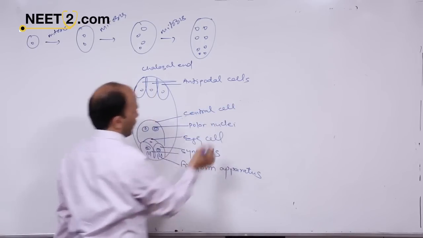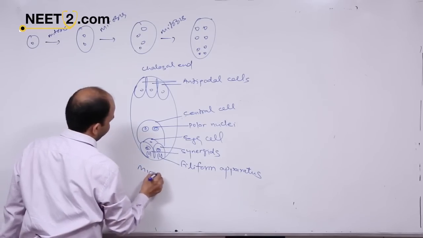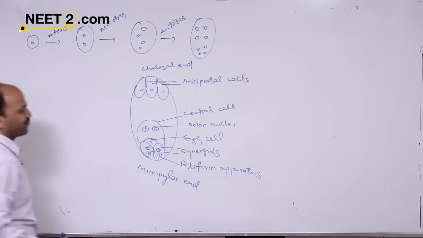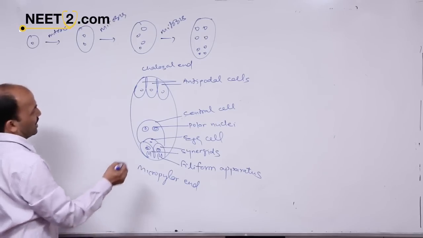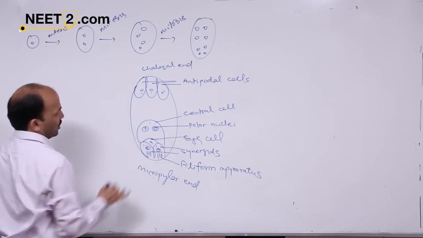So this female gametophyte or megagametophyte, this is the micropylar end. It is mostly a 7-celled, 8 nucleate structure. Cells are 7: 3 antipodal cells, 1 central cell, 1 egg cell, and 2 synergids.